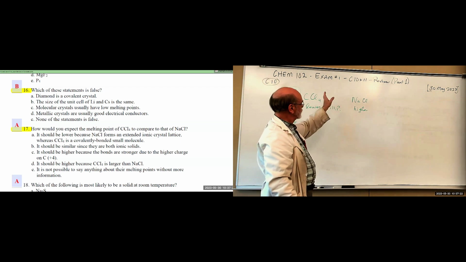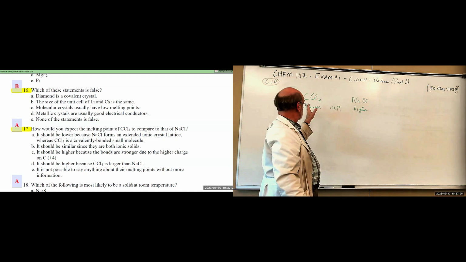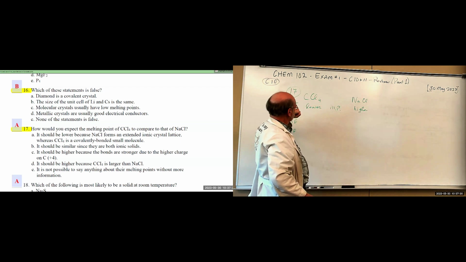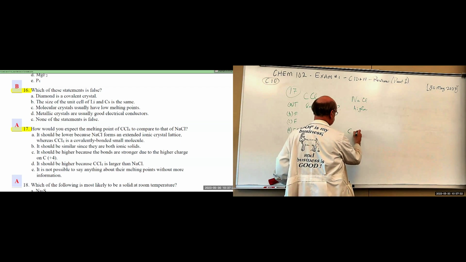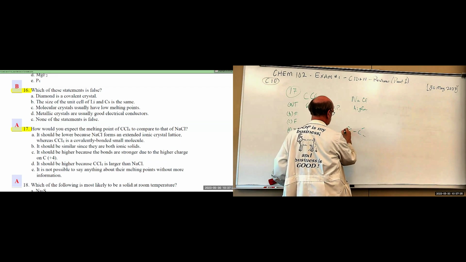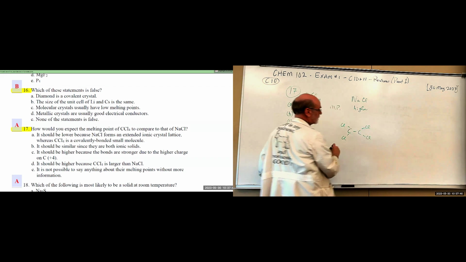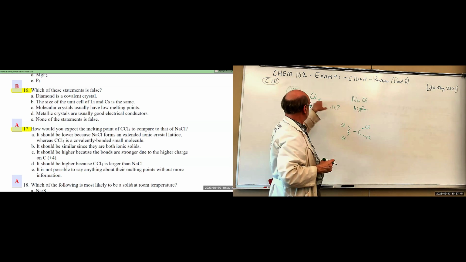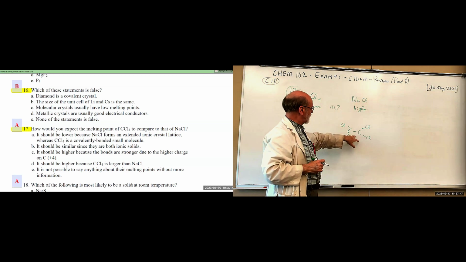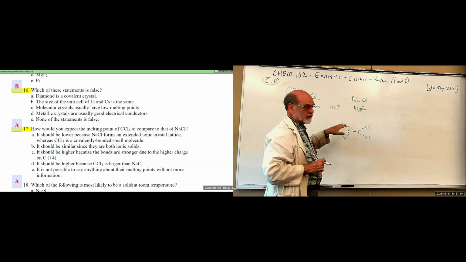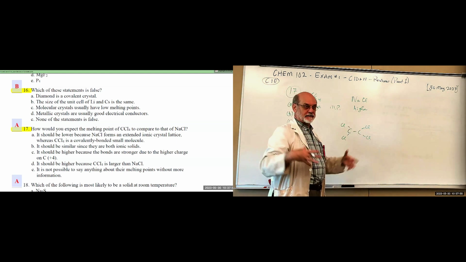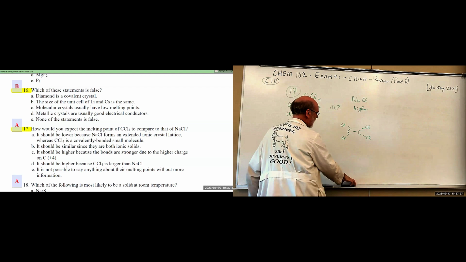Now, if we were comparing two nonpolar molecular compounds, and we had one that was, say, if we had two carbons, like this, like this, like this, that, then the melting point of this would be at a higher temperature than that one. Because this is a larger molecule, it's still nonpolar, but it's larger than that one, and the London dispersion forces would be larger for this one, simply because of its size. Okay. But that's not what we have.